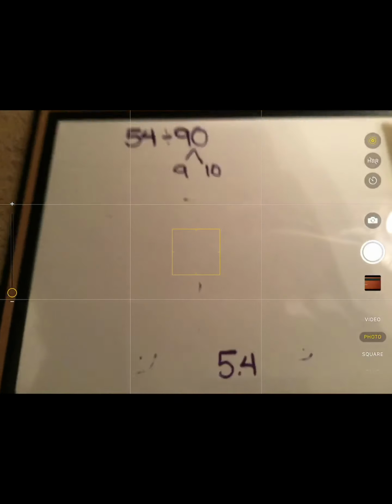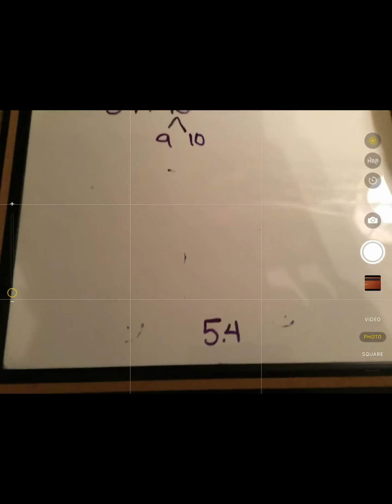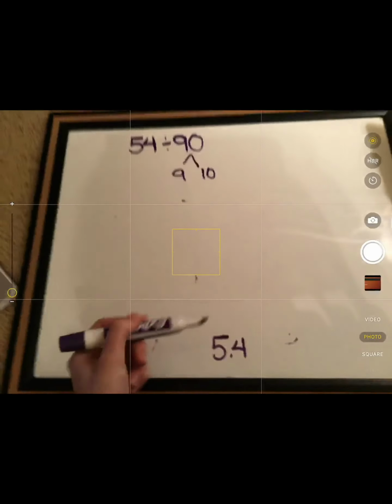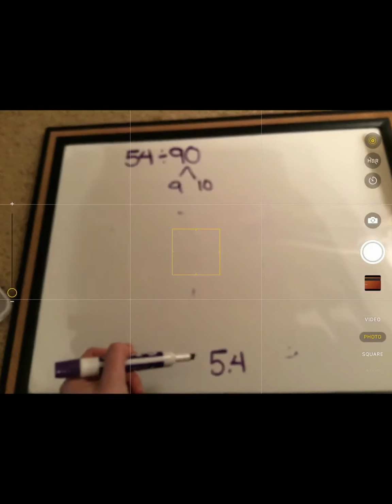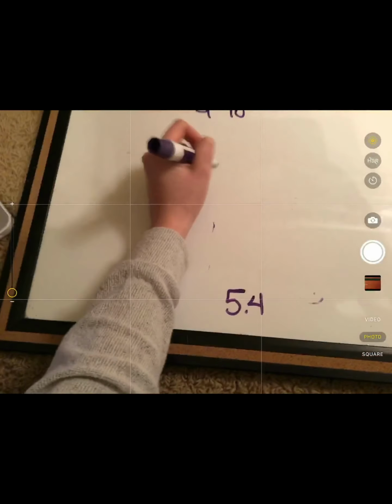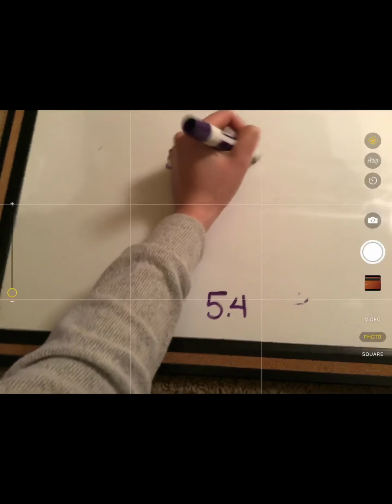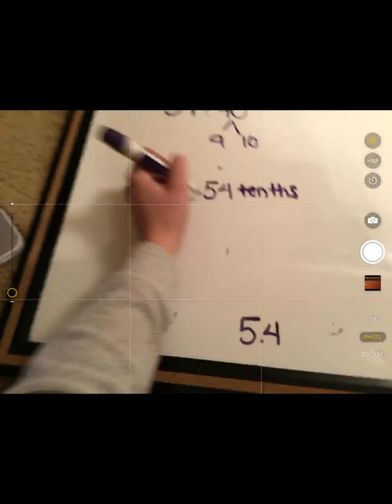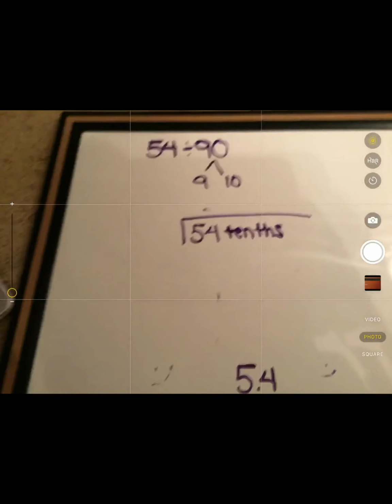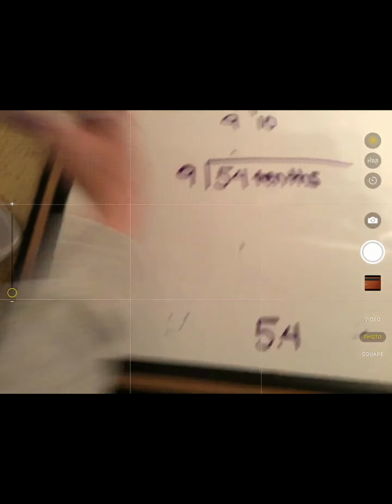So I know you're probably thinking, well, yeah, we just divided by 10, but what about that 9? Yeah, well, what about that 9? So now what we could do is I could rewrite 5 and 4 tenths as 54 tenths, just like this, and I can divide by 9.